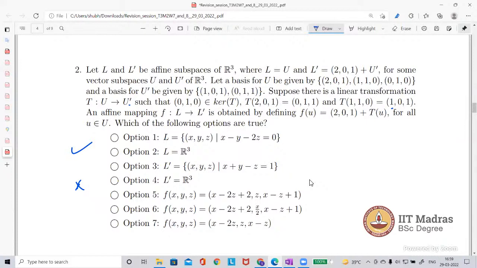In this question, almost all the concepts that fall under affine are used, all the concepts from the video lecture on affine. Sir, option 5. Option 5 is true.